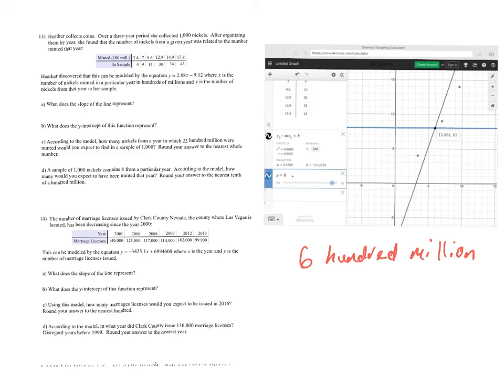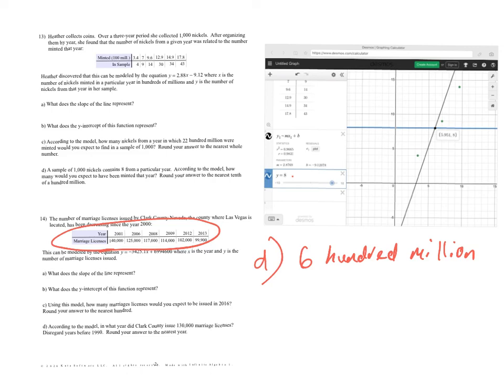Okay? So I've got this here. That's answer D, by the way. The only difference between this one and the one we were just working on, number 13, and number 14, is that your life will be much, much easier if instead of typing in your table 2001, 2006, 2008, you realize it's been since 2000.